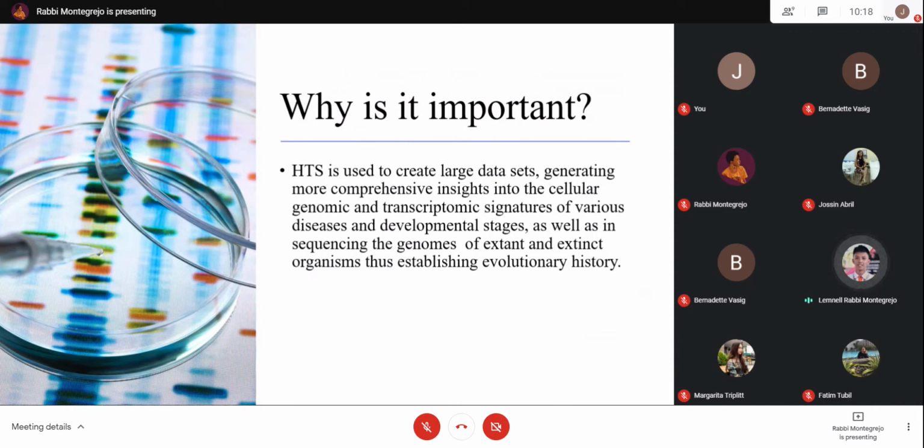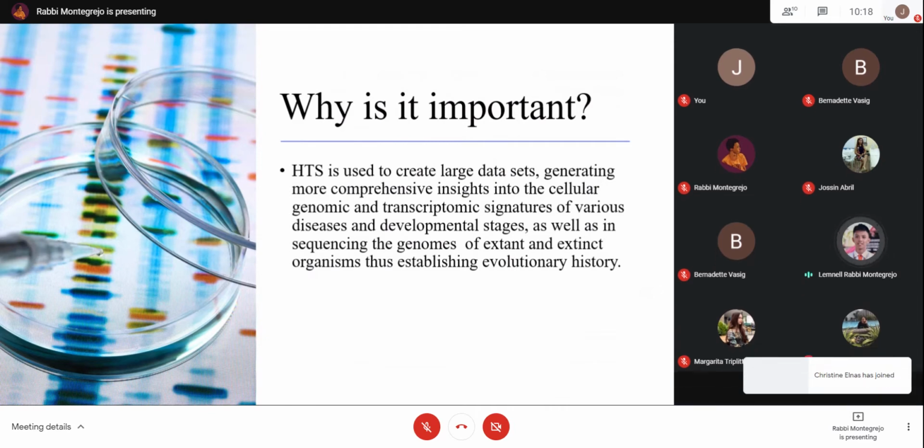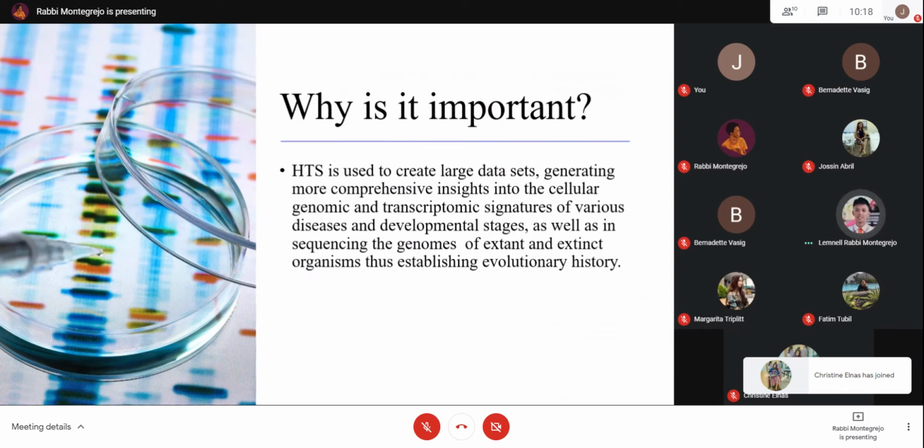Now, the demand for understanding organisms is high today simply because there is a thrill to establish a classification or to understand in general the entire biosphere. And the best way to understand this is through their genomes. Then HTS is able to meet this by providing the means to sequence genomes in a much more efficient manner.